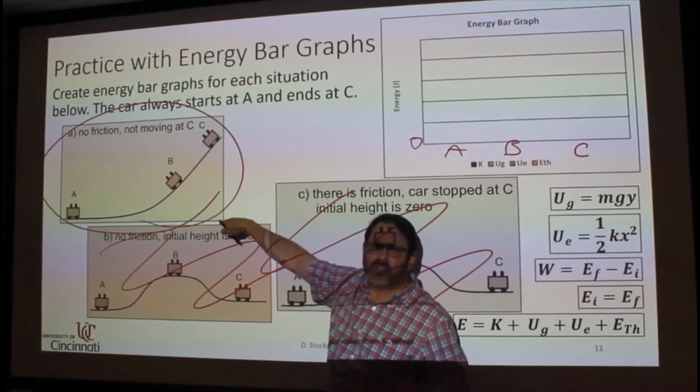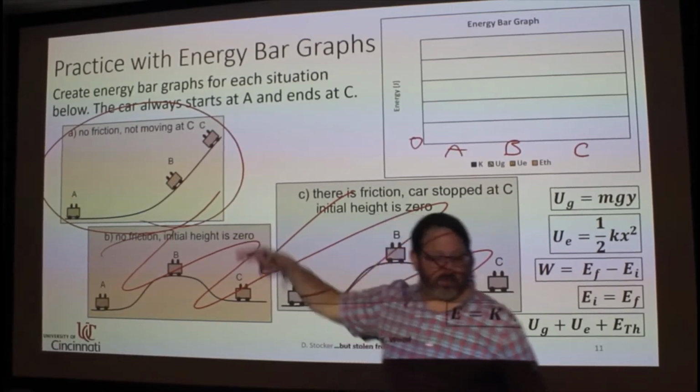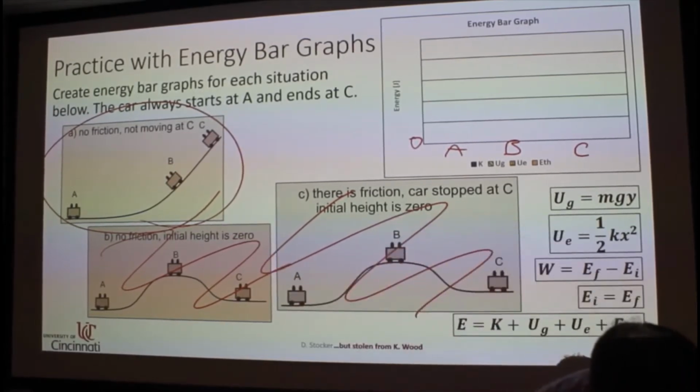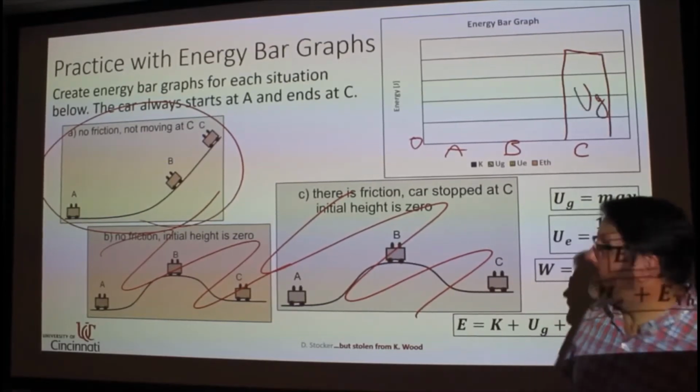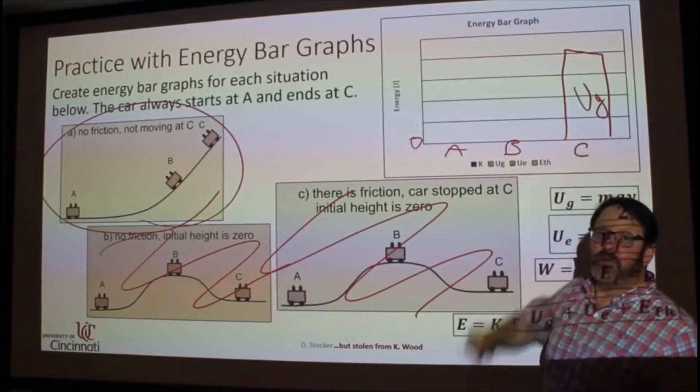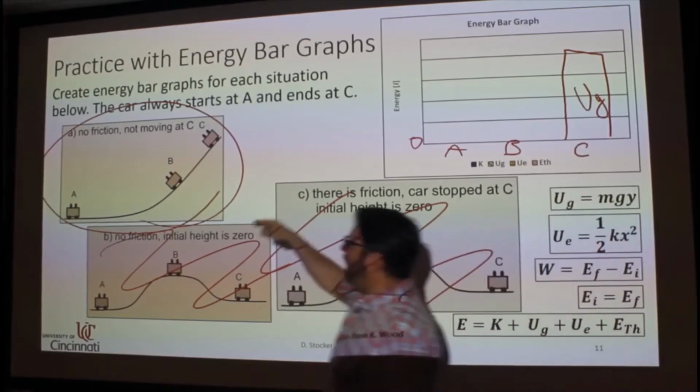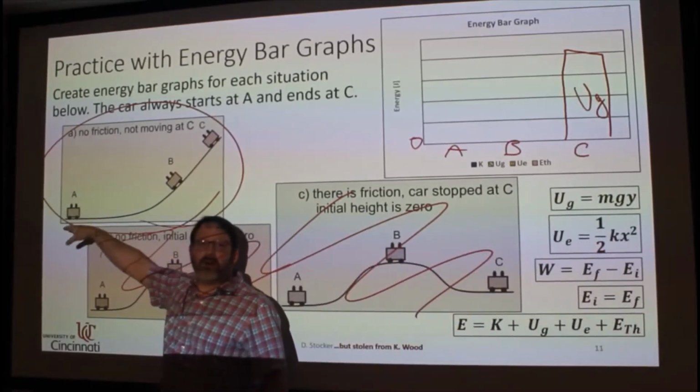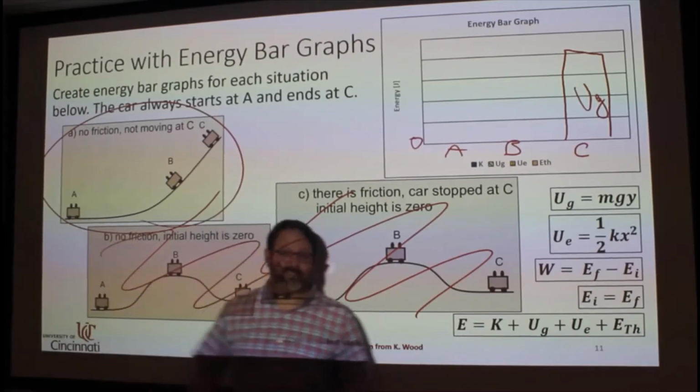So gravitational potential energy won't be negative. So I'll put 0 at the bottom. It's all gravitational potential energy at C. At A, it's at the bottom, so there's no gravitational potential energy.